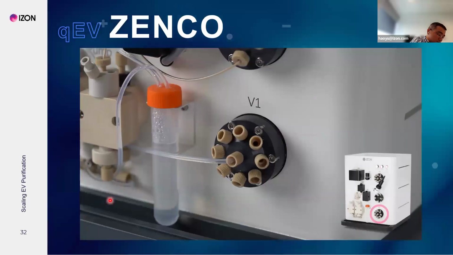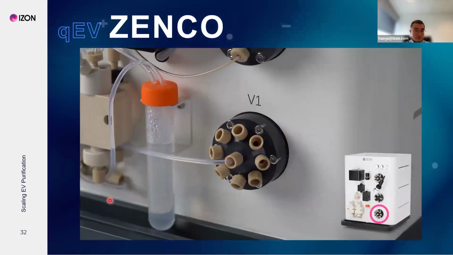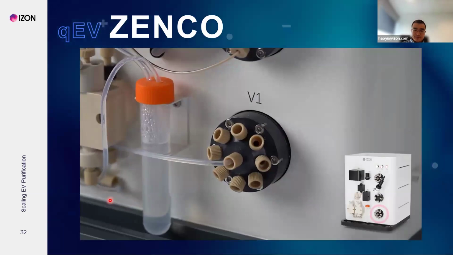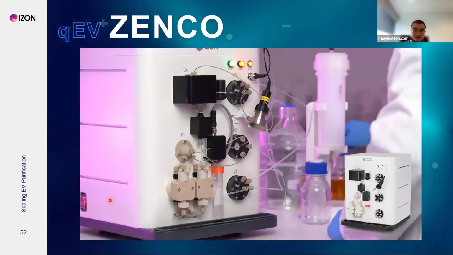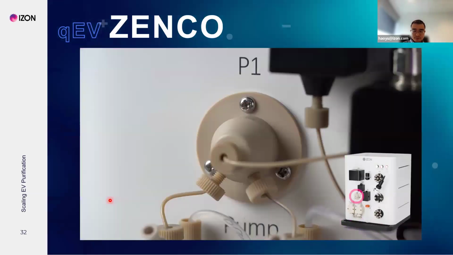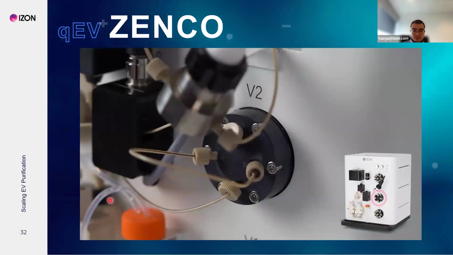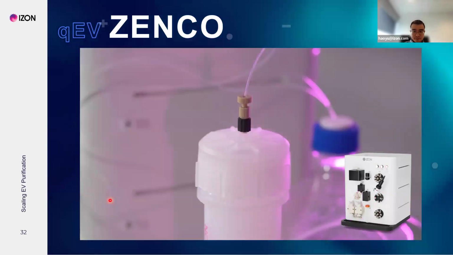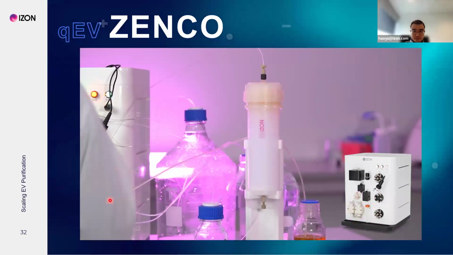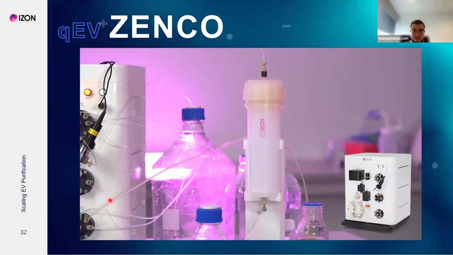The first valve controls which inlet draws liquid into the QEV Zinco, powered by an upstream pump. The liquid then flows through 2 key components, a pressure sensor and an air detector. The second valve then directs the flow through the QEV column in standard forward mode. Reverse mode is available for column cleaning, or you can bypass to skip the column.